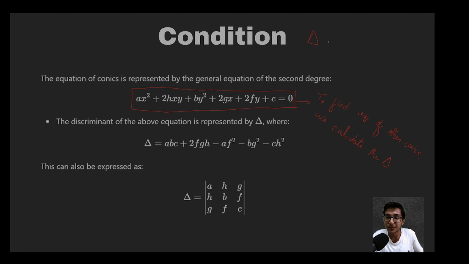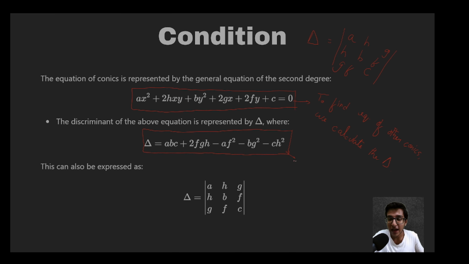And the way we represent the determinant is A, B and C in the principal diagonal of the determinant. And we write H here, G is at the corner, and then F here. So the determinant of this, if we calculate it, turns out to be this.